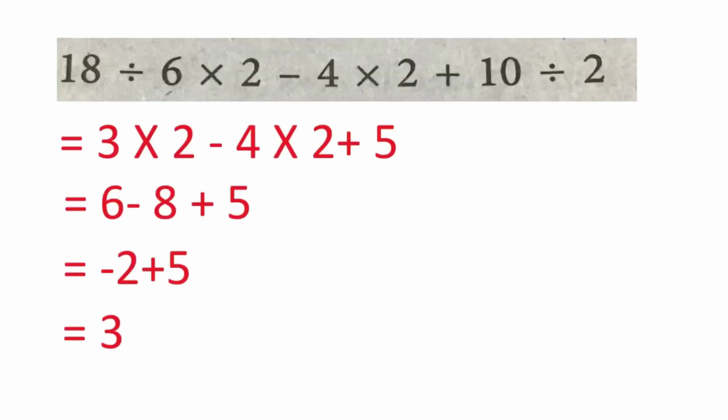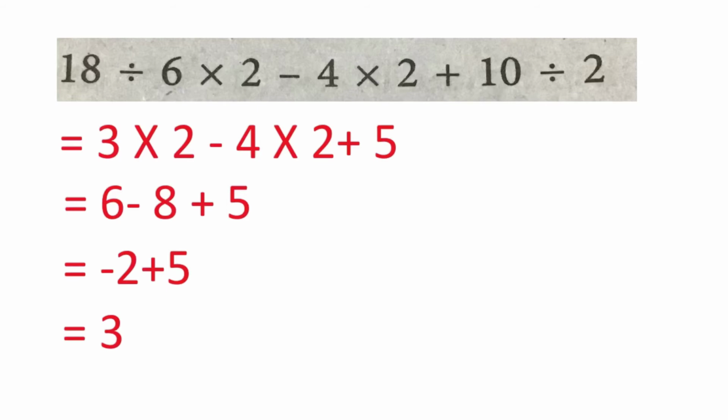Let's move on to the third problem. Let's solve this problem using BODMAS. This problem is a bit longer, but no need to worry. If we do it step by step, we'll get the answer right. Since we have no brackets or exponents here, let's move on to the multiplication and division part.